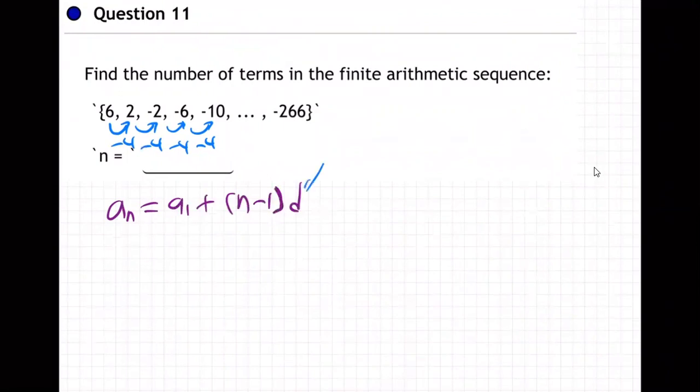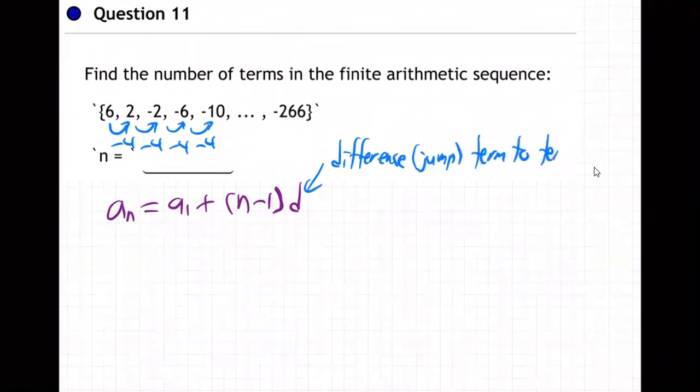So d is the difference, or jump term to term. Says that in the notes. So that's this. The difference is the -4. So that's the jump from term to term. Put that down there.